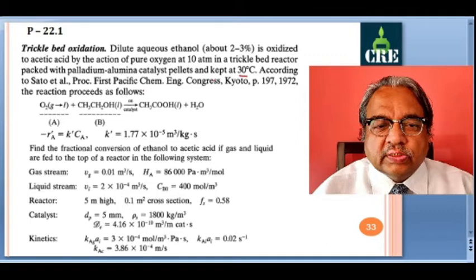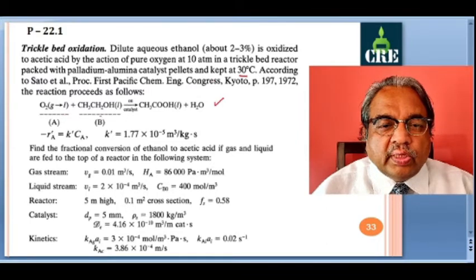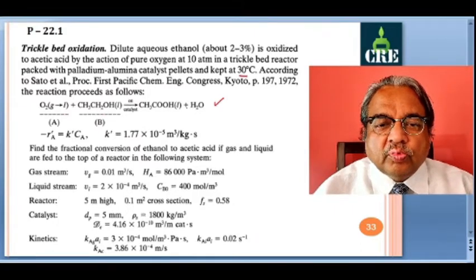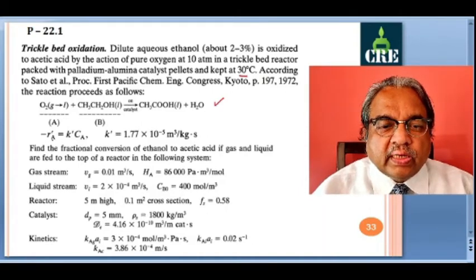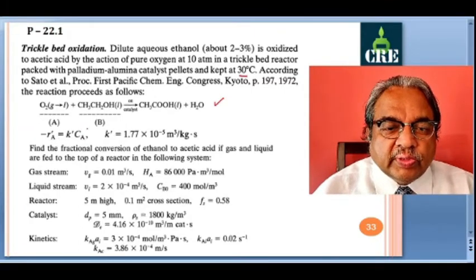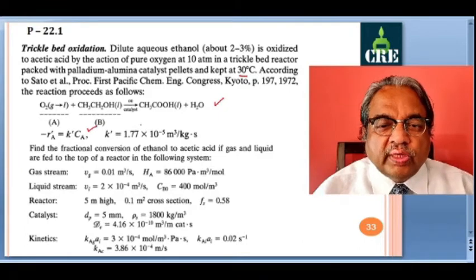So the reaction is given as A plus B giving products. Okay. So minus Ra prime is equal to K prime Ca. This is the rate law, first order with respect to A only. That means definitely independent of B.